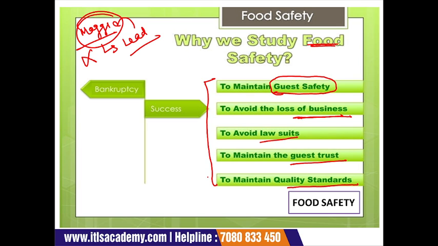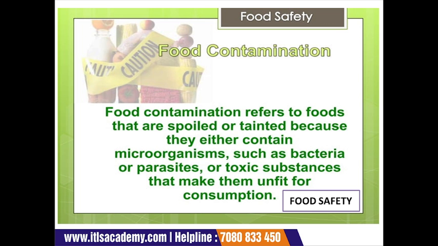If we maintain guest safety, then we don't have any loss of business, we don't have to face any law related to the food, and we also get the guest trust, and we also maintain our quality standard, that we promise that we are giving food which is safe for the consumers. It is called quality standards.